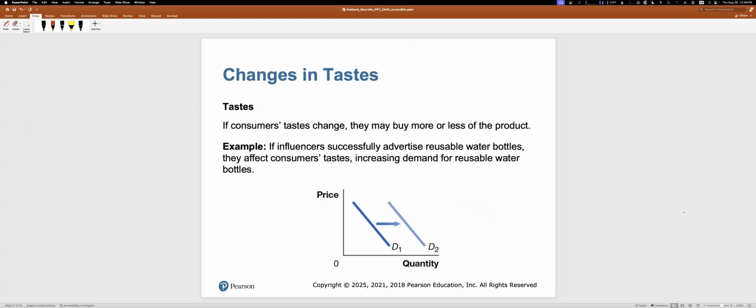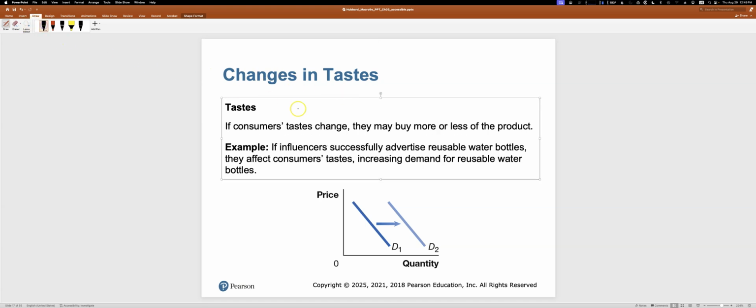Okay, this one's a lot easier. Tastes and preferences change quite a bit, and I guess the best way to understand this would be that this is why TikTok and Instagram and all those social media influencers exist as people, right?